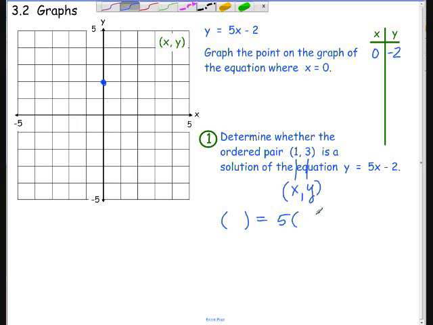Instead of using x, I'm going to use my value for x. My value for x is 1, goes over here. My value for y is 3, goes right there. So does 3 equal 5 minus 2? Yes, it does. So my answer is yes, this is a solution to that equation.